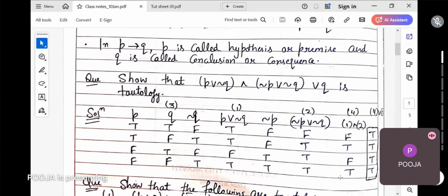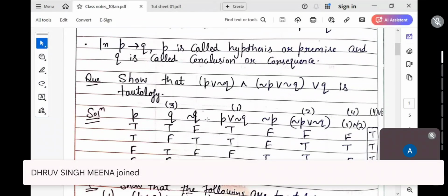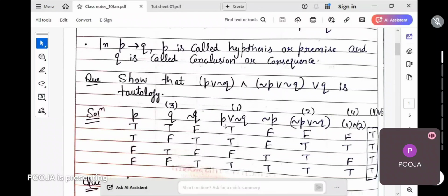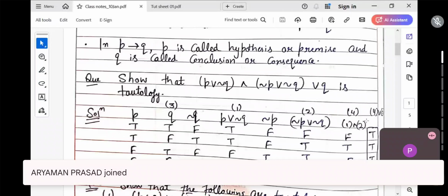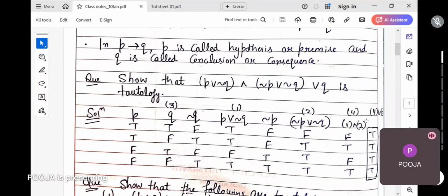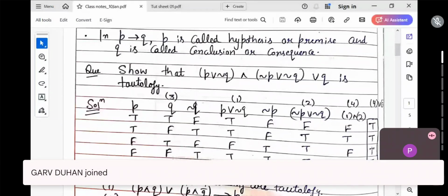P and Q are the propositional values, then negation Q. Then I created P join negation Q and negation P join negation Q, because I need the meet of this one and this one. I gave them names 1, 2, 3, 4 so it is easier to understand how we are connecting these propositions. Finally, when I create the meet of 4 and 3, the answer comes out to be true. All truth values are true, so the final answer is a tautology.